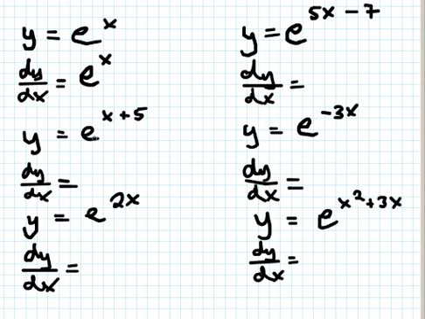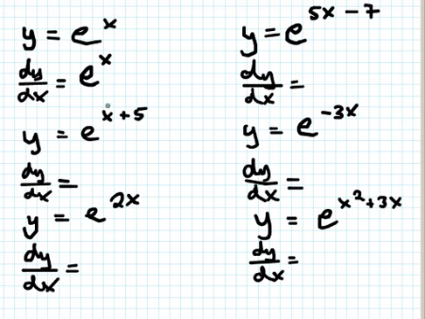Let's do this one. We know that it's always the same thing, e to the power x plus 5, and then the chain rule, so the times the inner derivative. And the derivative of x is 1, plus 5, and the derivative of 5 is nothing.